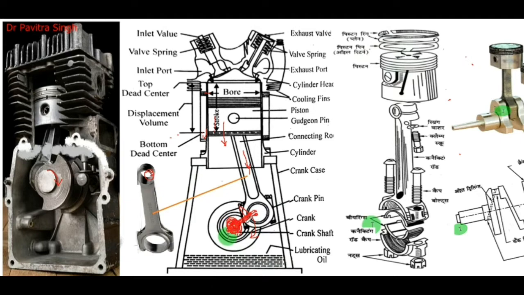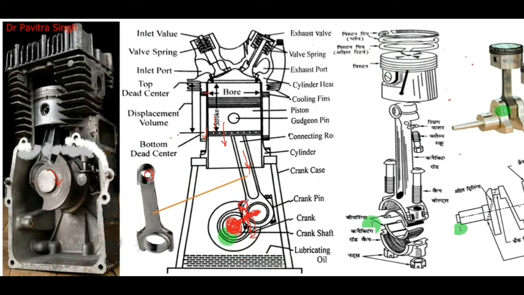Okay, so you can see when this piston is moving vertically downward, this connecting rod is pushing this crank at this point, and this point is pin jointed. So this will form a link, and this will rotate this crank.